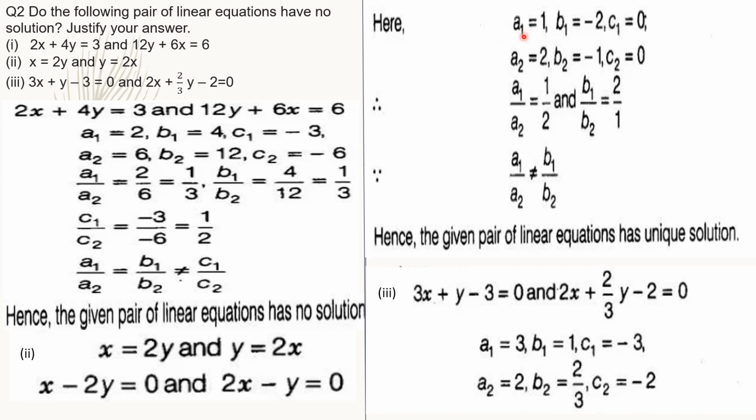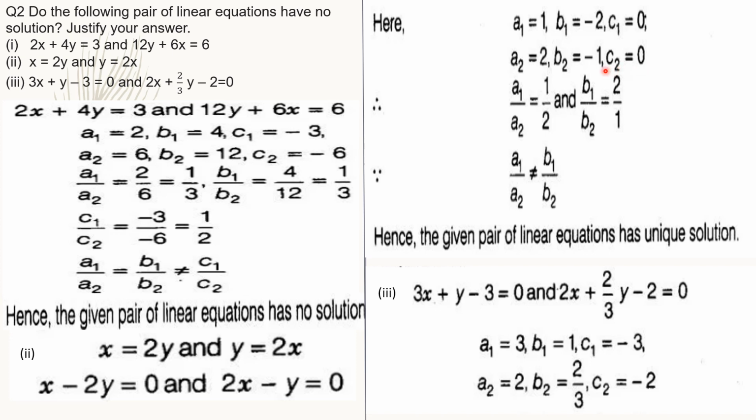Here a1 is equal to 1, b1 is equal to minus 2, and c1 equals 0. For equation number 2, a2, the coefficient of x, is equal to 2, b2 is equal to minus 1, and the constant term, which is not given, is 0. So c2 is equal to 0.